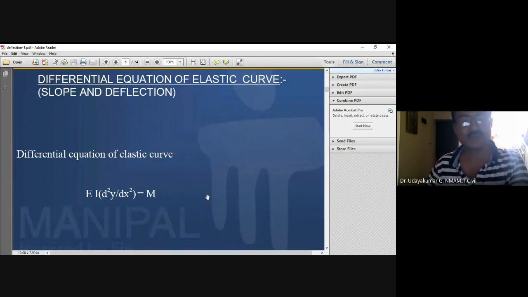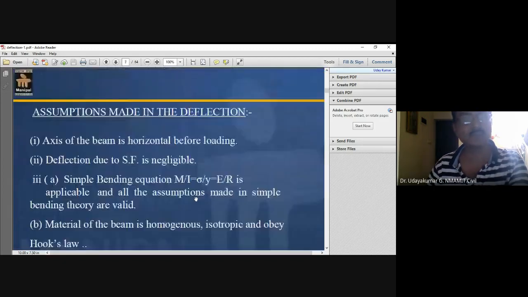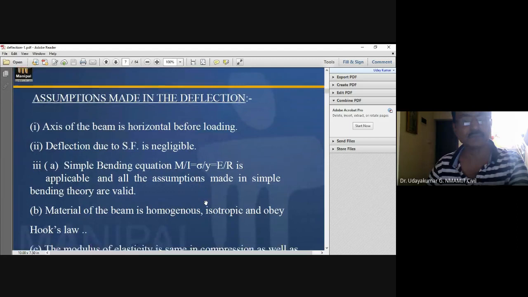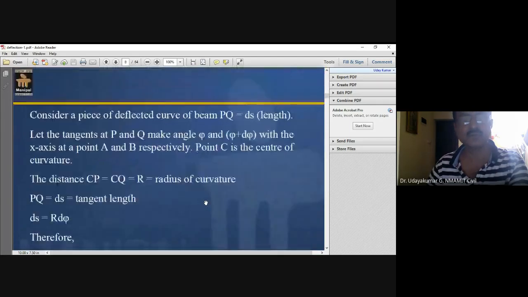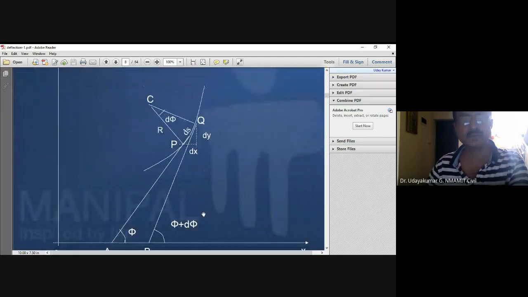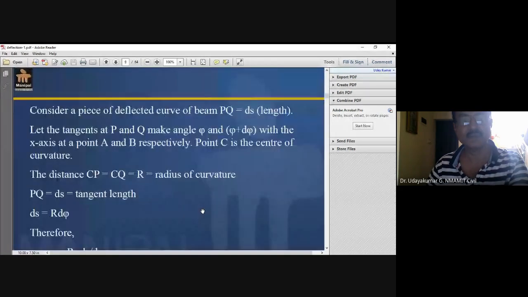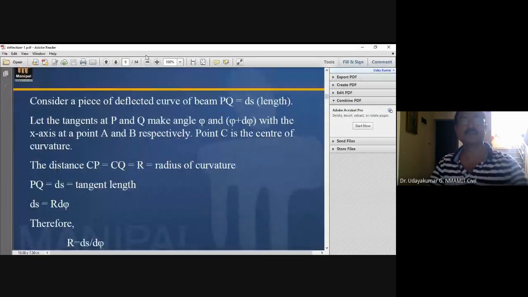I am skipping the derivation of that. Assumptions used in the bending equation, remember, are part of that derivation.